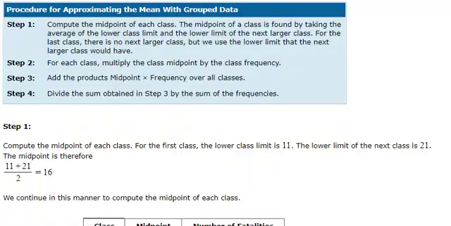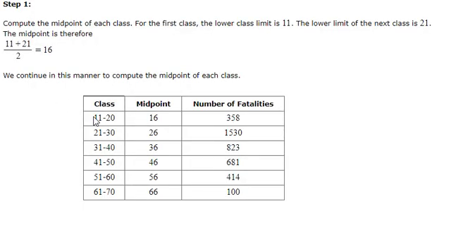If you don't want to use Excel, you can compute using the calculator. Calculate the midpoint first, then multiply the midpoint and the frequency. So add these numbers and divide by 2. Add these numbers, divide by 2.